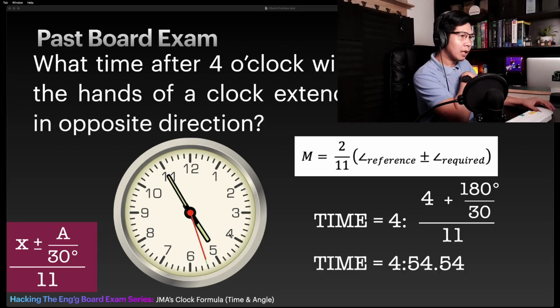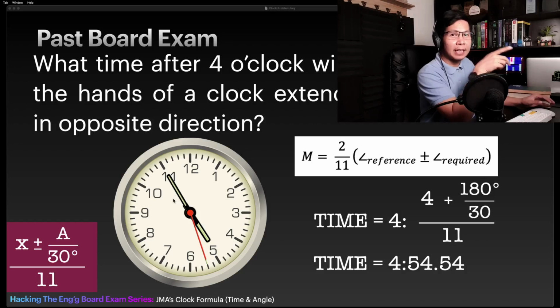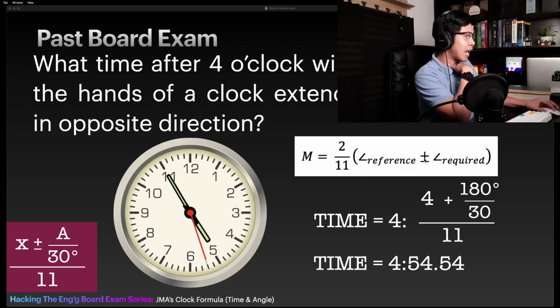So, at 4 o'clock, that's 4 multiplied by 30 or that's 120. So, the reference angle is 120 degrees. At ang gagamitin na natin dito is yung plus because the minute hand is ahead of the hour hand. From 4 o'clock, umiikot na yung minute hand eh. Nilampasan niya na yung hour hand. So, ang gagamitin na operator is plus.